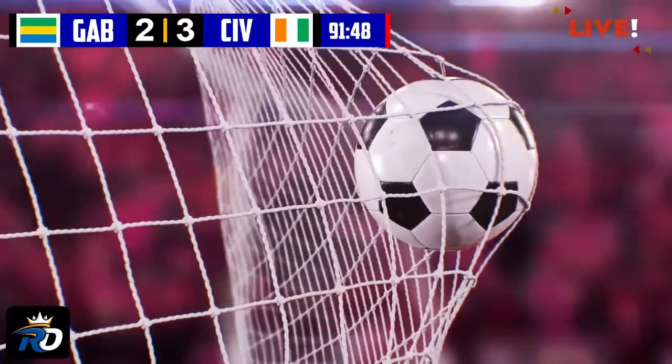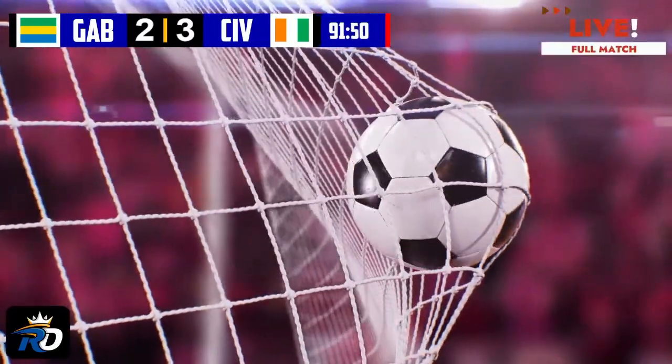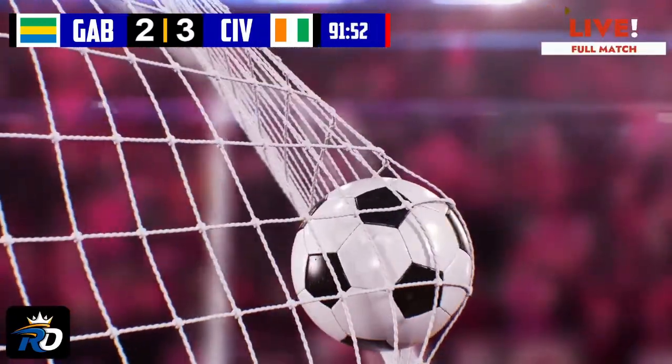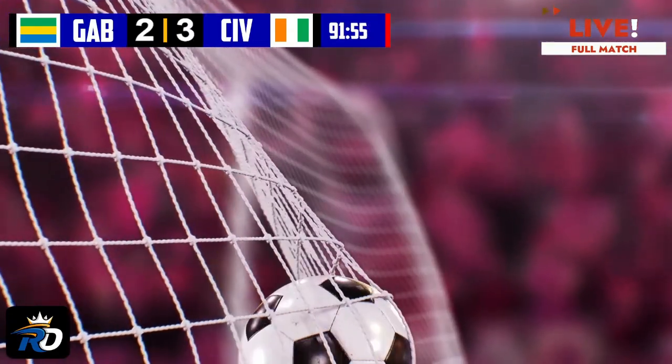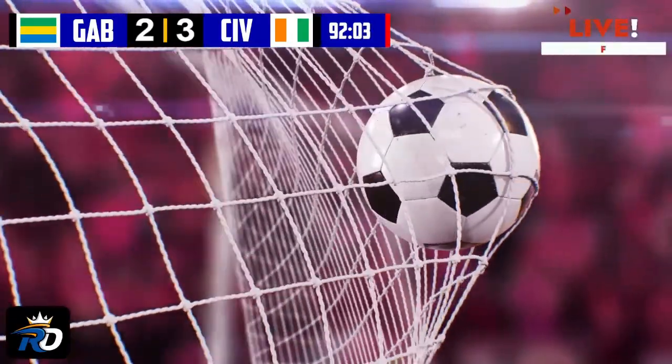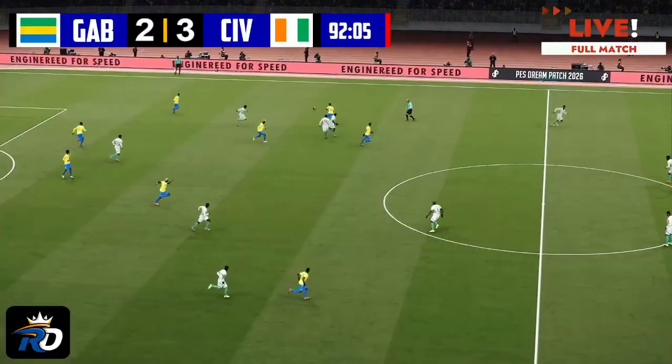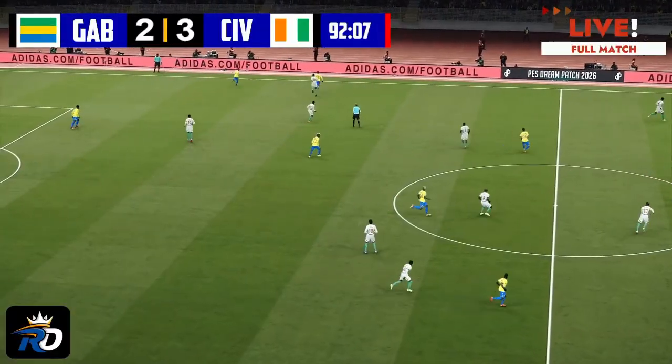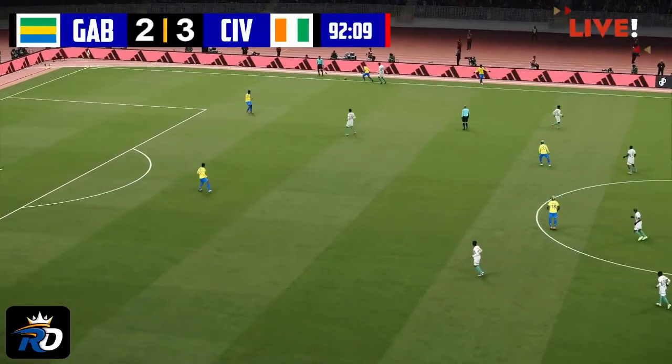Center from the left, the header. I think it finally ends up behind. We'll be reviewing Marcelo Struth, who is now winning with the Ivory Coast team. Finally, the header gives Ivory Coast the victory, who wins 3-2.